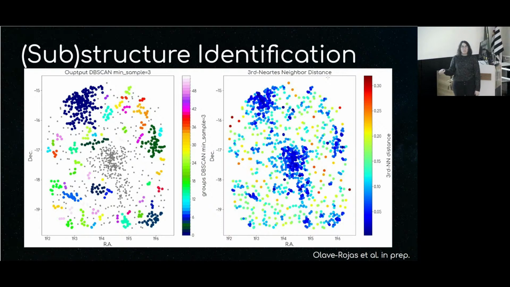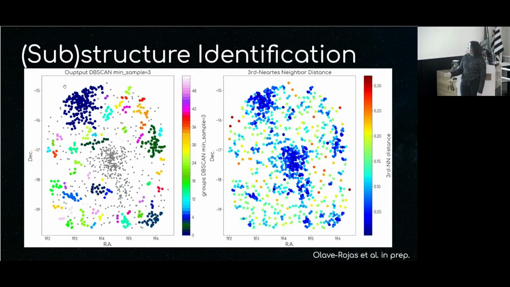Why do I use 3 neighboring galaxies? Because my first analysis in my scientific life was with compact groups. And my idea is that in the case of the galaxy cluster, you can identify substructures that are, or could be, maybe a compact group, for example, falling into the cluster environment.